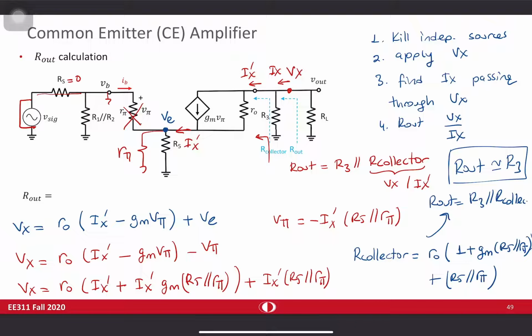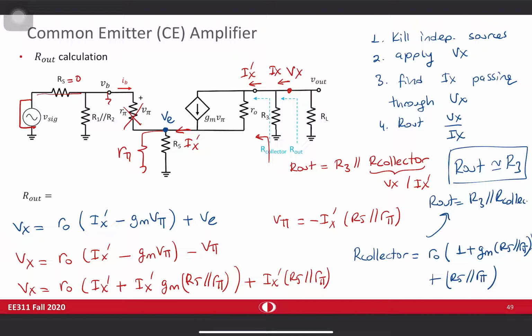And by using this, since you know how to find it, if I don't have Rs equal to 0 in here, you should still be able to solve it. It's going to be a bit more complicated because now finding V pi, you have to use resistive voltage division in here. It's going to make the thing complicated, but please solve it as an exercise to see whether you understand the solution or not.